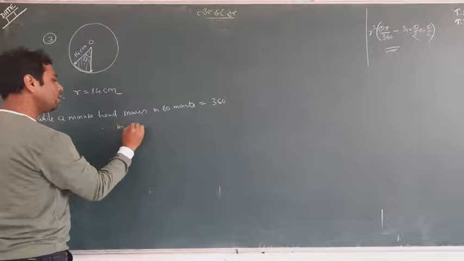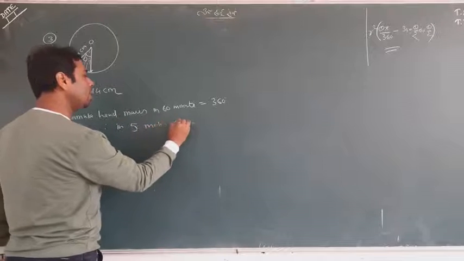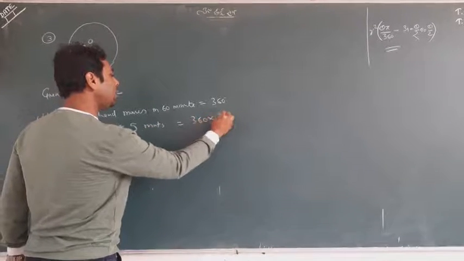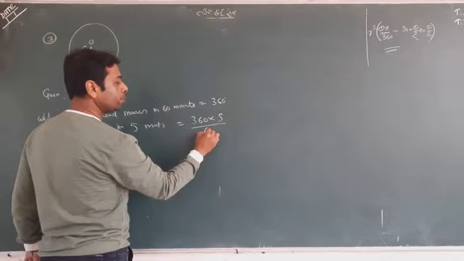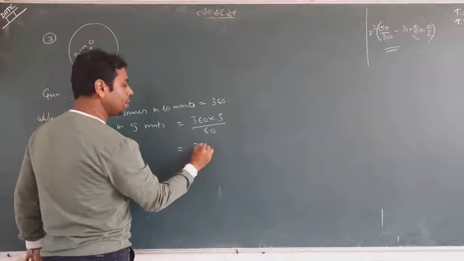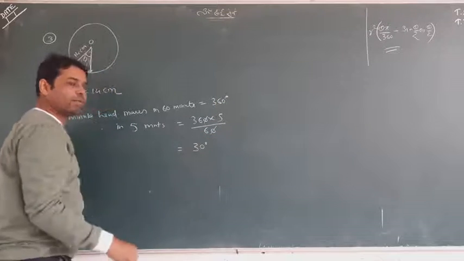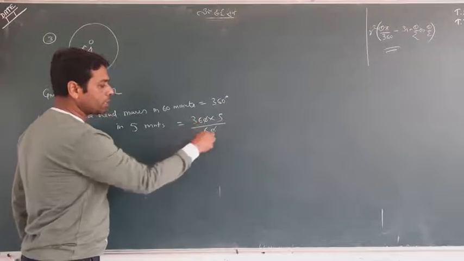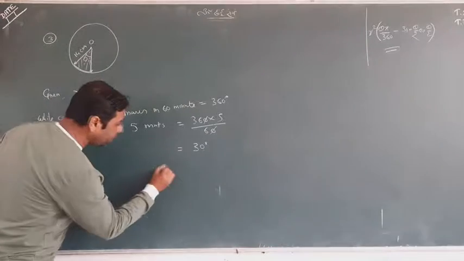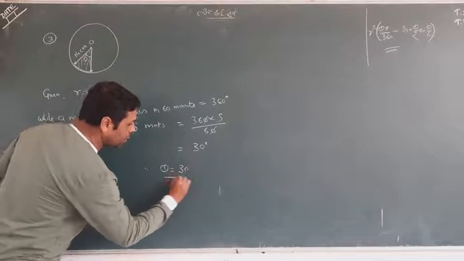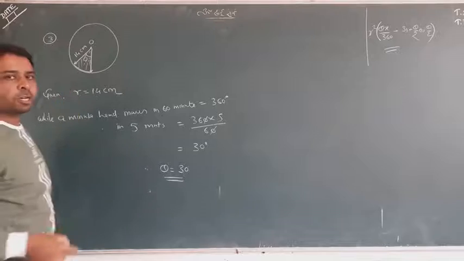So in 5 minutes it will move 360 into 5 upon 60. That will give 30 degrees. It was in degrees, so the answer will be in degrees. Definitely 6 sixes are 36 and 6 fives are 30 degrees. So your central angle is going to be 30 degrees.